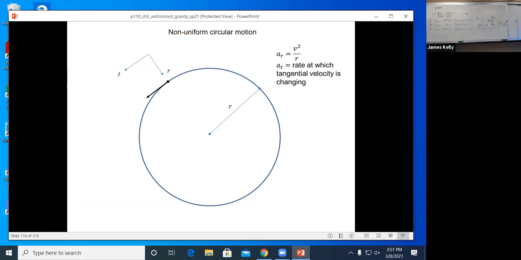And so the tangential acceleration, which appears in the case of non-uniform circular motion, just tells you the rate at which the tangential velocity is changing. So if I'm moving around in a counterclockwise direction and I'm going faster at this point as time goes on, I need a positive component of acceleration along the direction I'm moving to speed me up. So a tangential would be positive there.